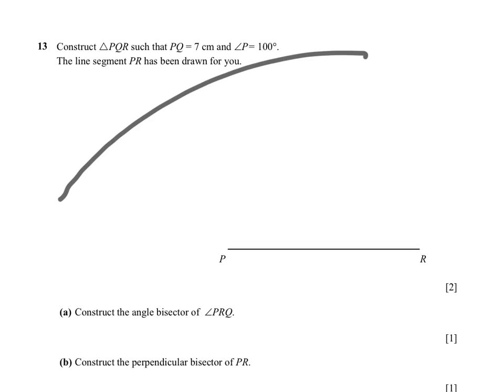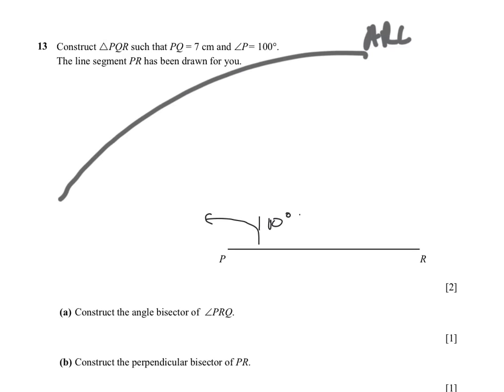So this is an arc for your PQ. Somewhere it will land around here. Remember, this is a construction line. Then you use your protractor. You place it over here and measure the angle from here to here, 100 degrees.